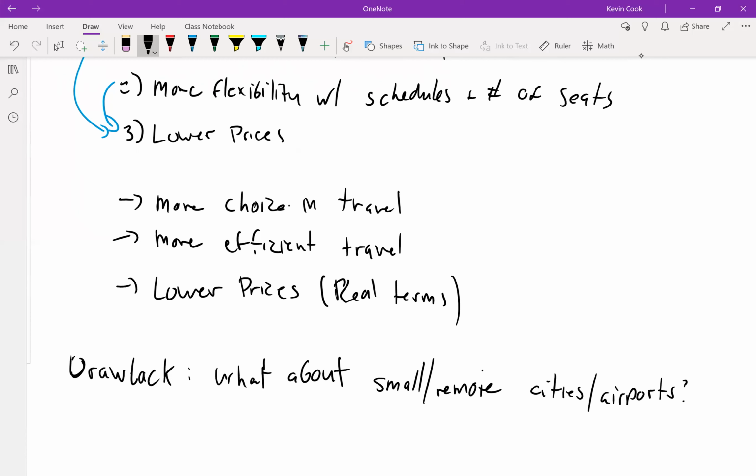But in these smaller cities or more remote places, they didn't really have the same thing going on. Instead, we have a reasonably priced flight, but now it's going to become more expensive. It's going to go one of two ways: either it'll become more expensive, or our service will be eliminated, because it's not necessarily profitable for a private airline to serve these less populated areas.